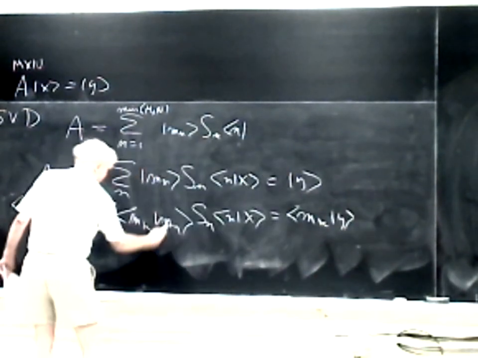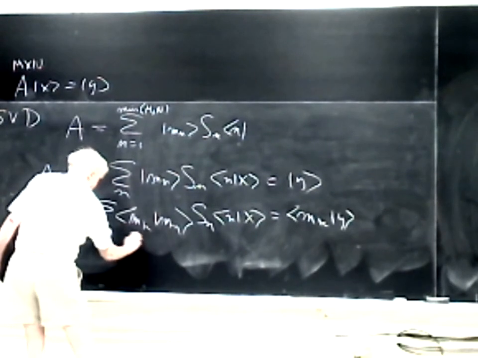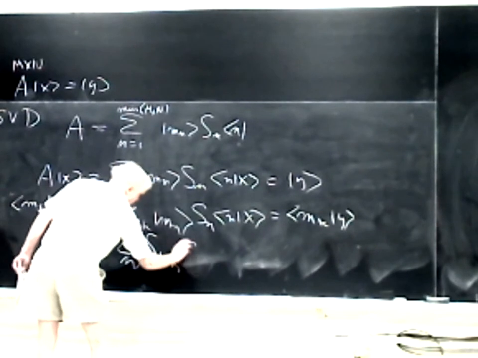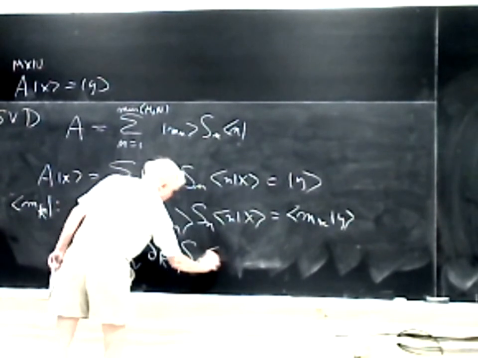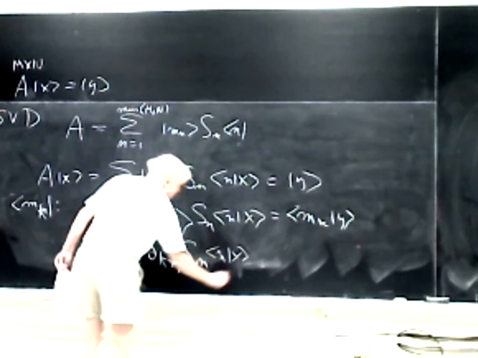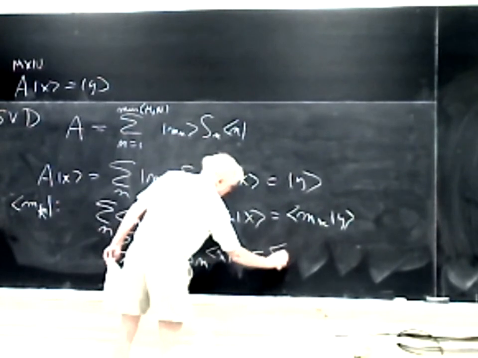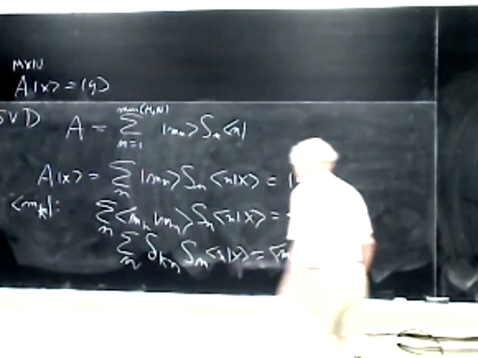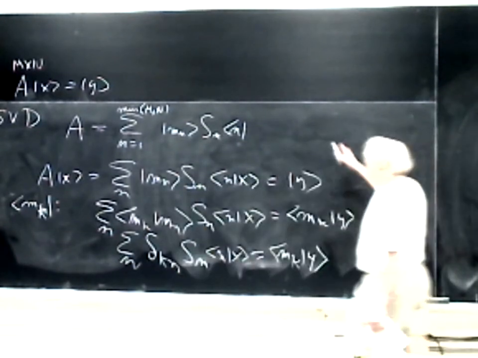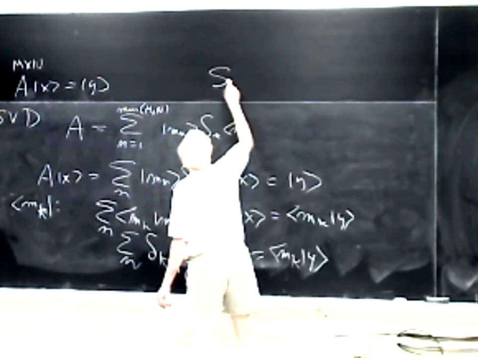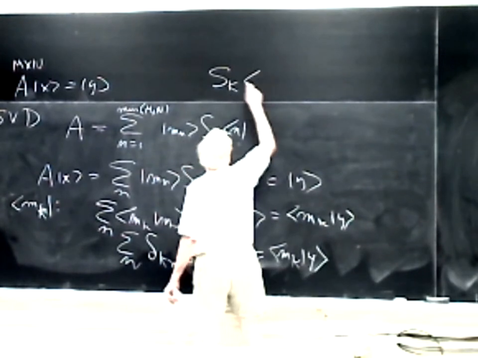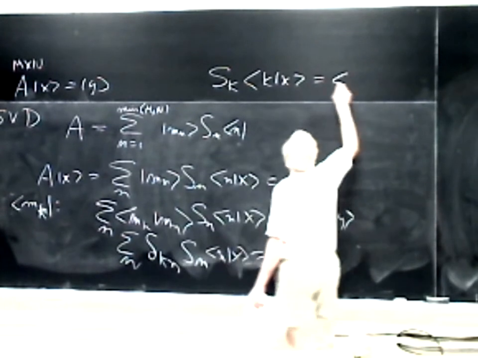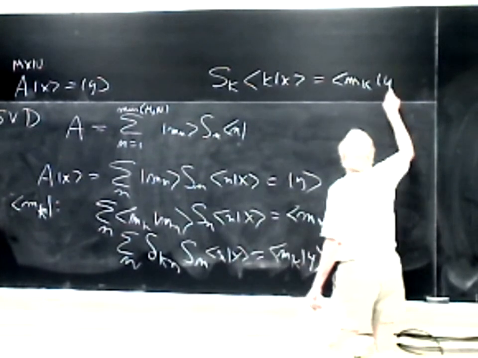This would be delta k n, singular value n, and x equals m k y. And so we would just have the result that s sub k, x equals m sub k y.